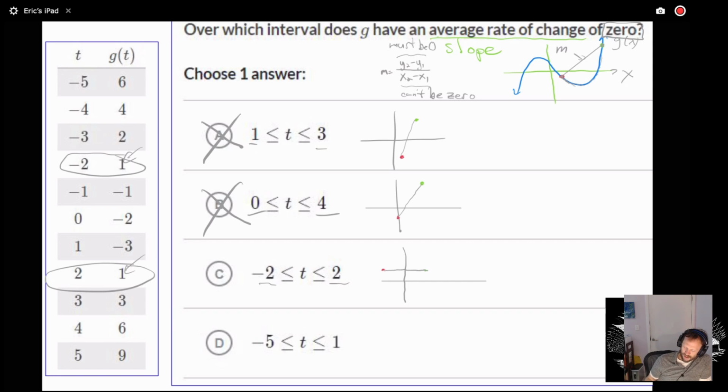Well, we don't know what happens all the way between there. It might do all sorts of funny things. It might move all over the place and do a lot of complicated things. But at the end, it gets to the green point, and it starts at the salmon point. And if we're averaging the behavior across that interval, you could see that the slope is 0. So there's our answer, C.